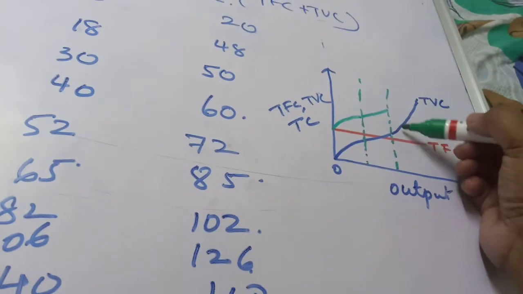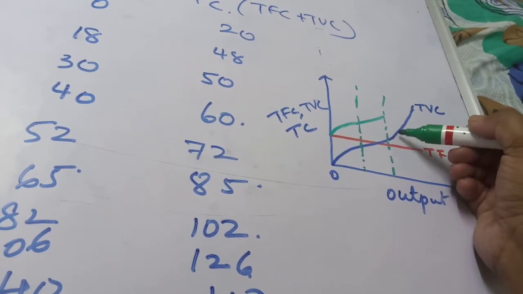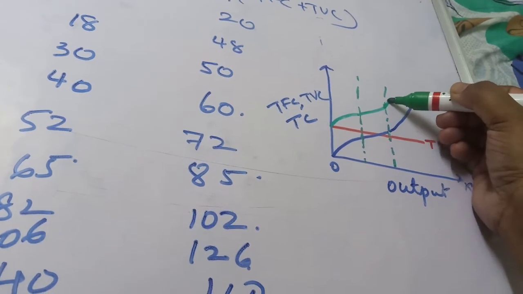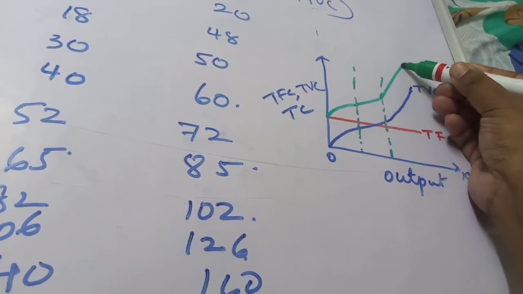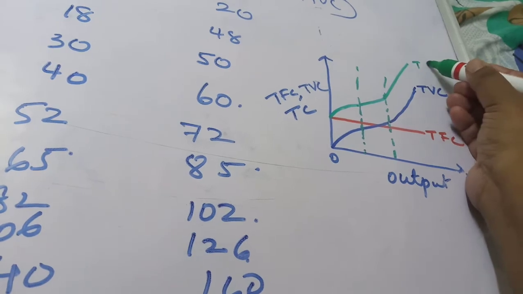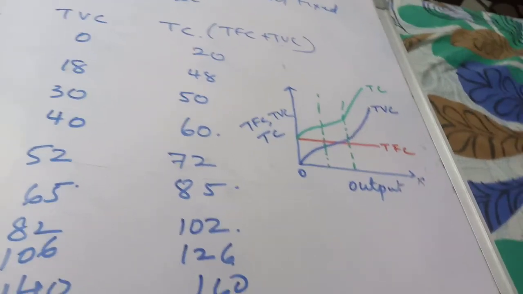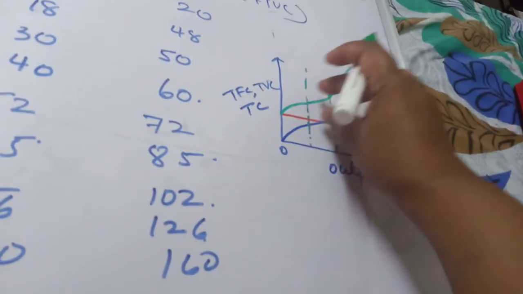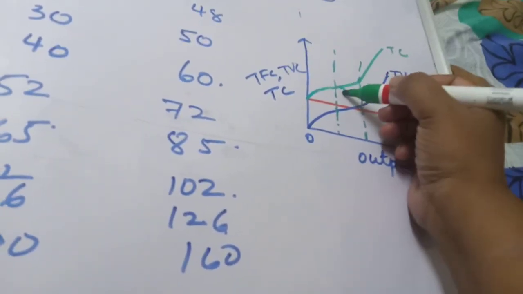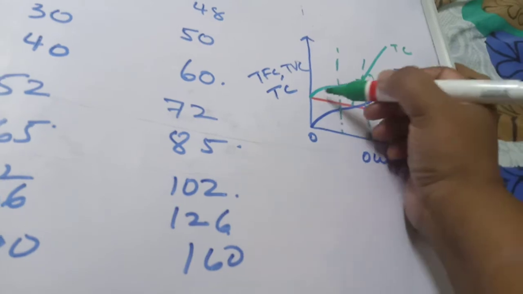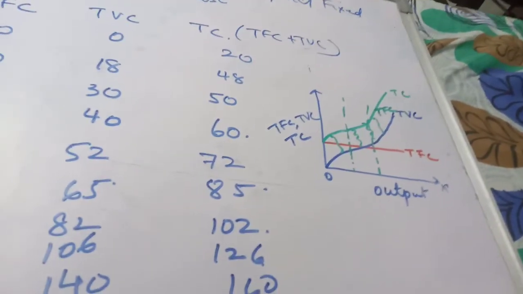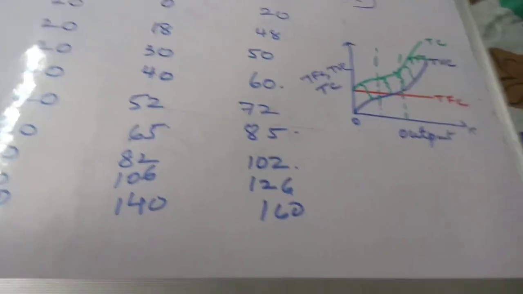Okay, and after this you'll find that your TVC is increasing at an increasing rate, so your TC will also increase like this, and there will be a constant distance of TFC. So you'll find that this is actually TFC.